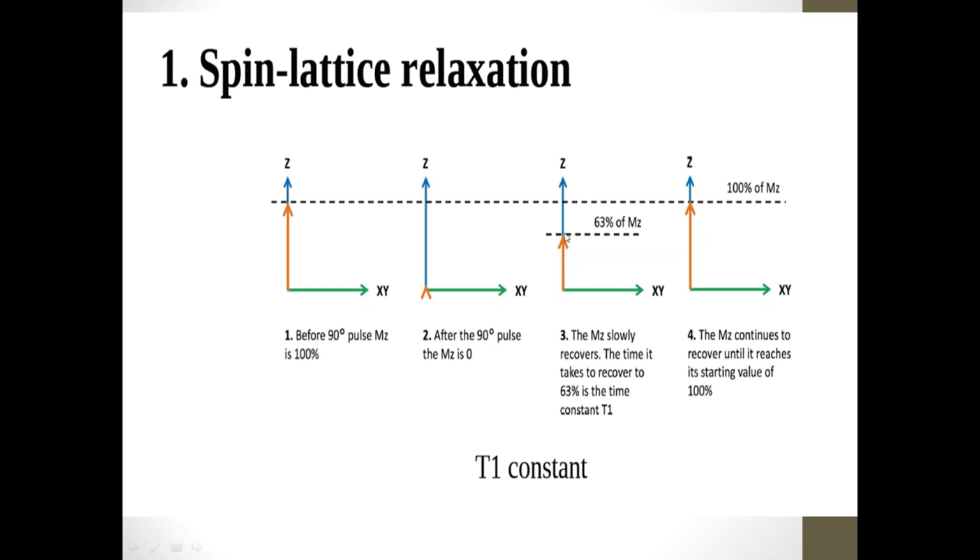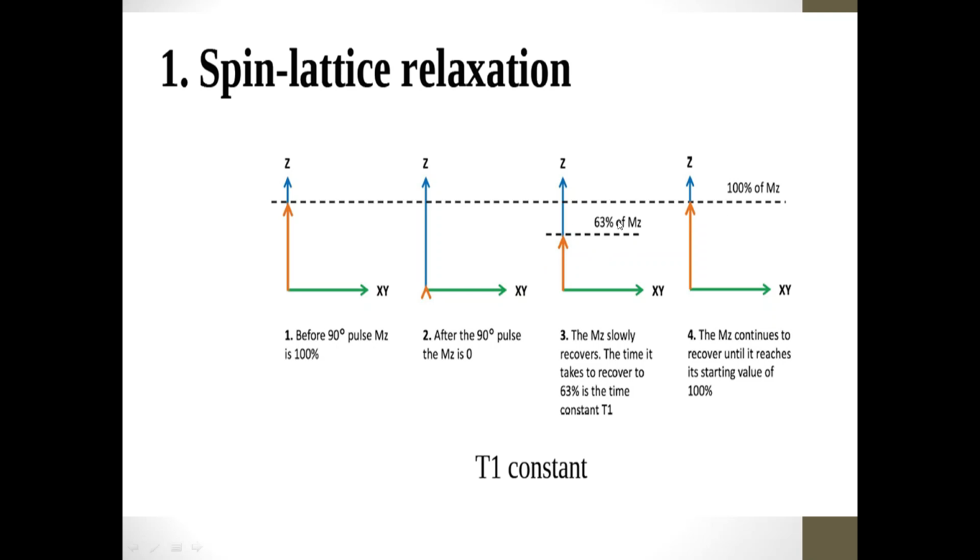We will find that MZ starts to recover to reach 63% of MZ. MZ is 100%. The time taken for the magnetization to reach 63% of MZ is called the T1 constant.